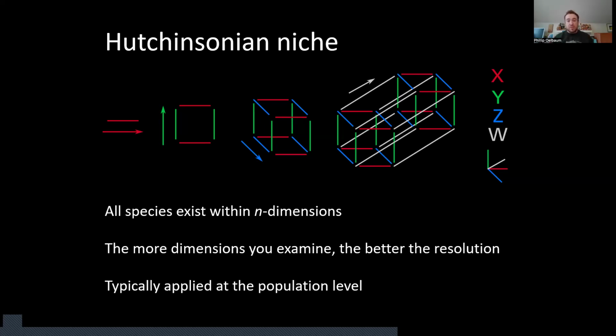They exist within space, within time, within their interactions with their environment, with each other, with what they eat, with where they live, with where they travel. As we ecologists think about this n-dimensional hypervolume, the more dimensions that we're able to examine, the better our resolution is of what the organism actually is doing in its environment.